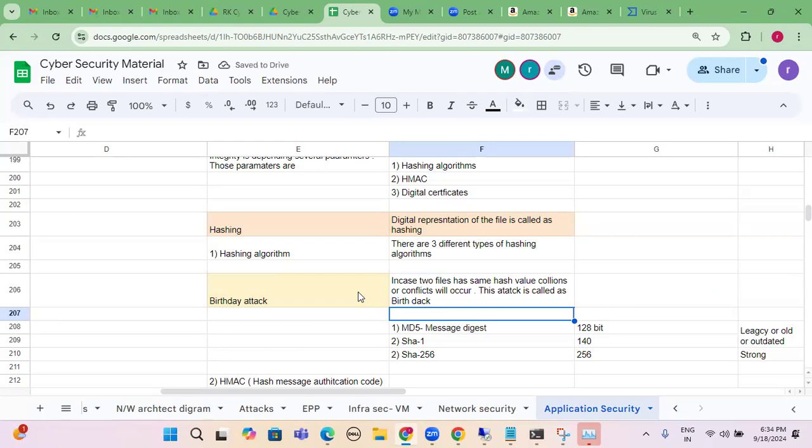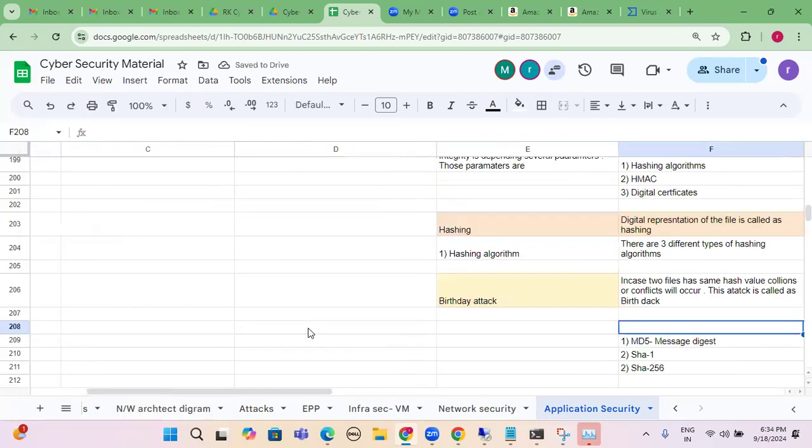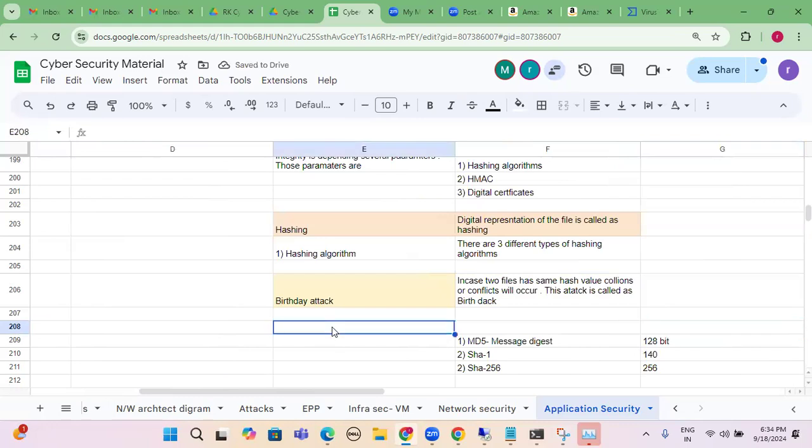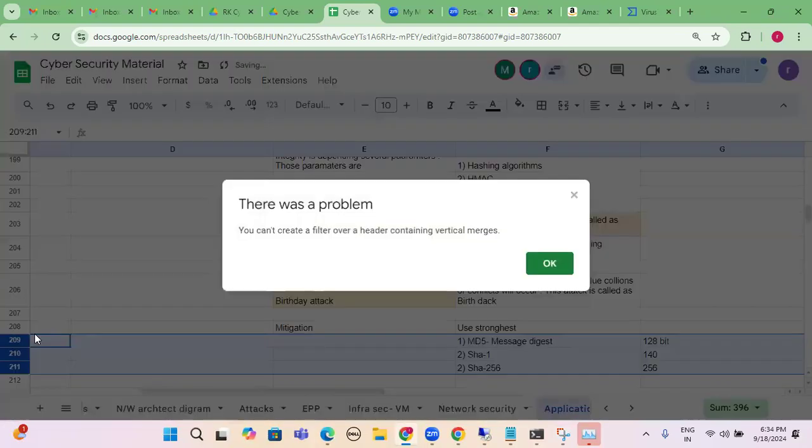Use stronger algorithms like SHA-256. Exactly, that's correct. So for mitigation, we have to use the strongest algorithm. In MD5, since the size is 128 bits, two different files can produce the same hash. Yes, even with 128 bits, it will occur.